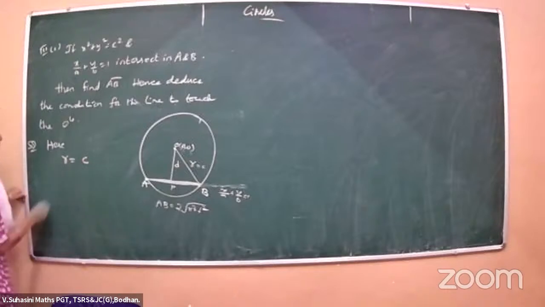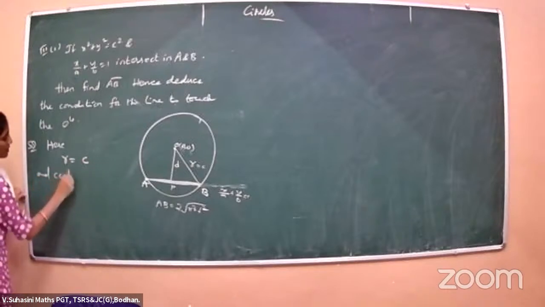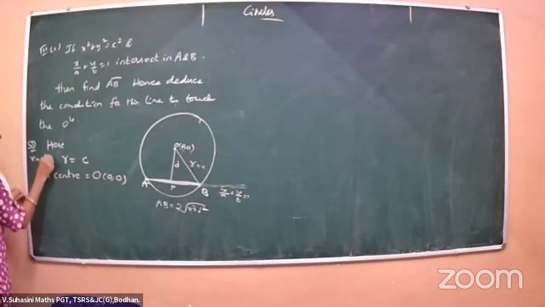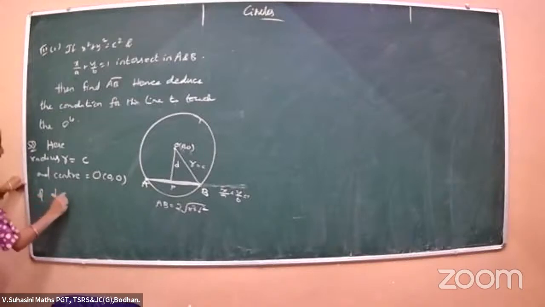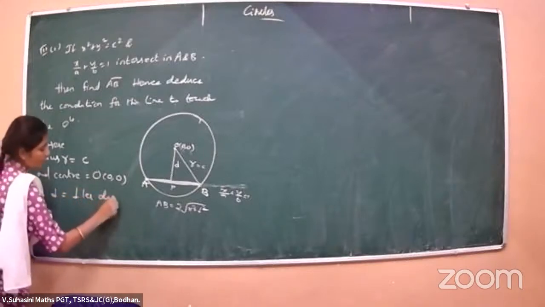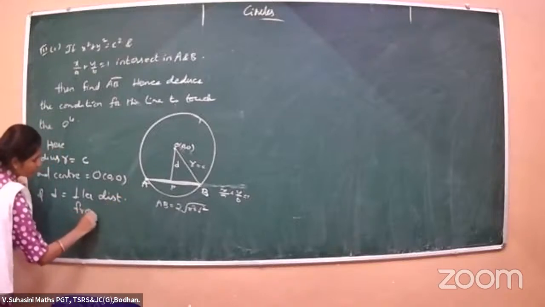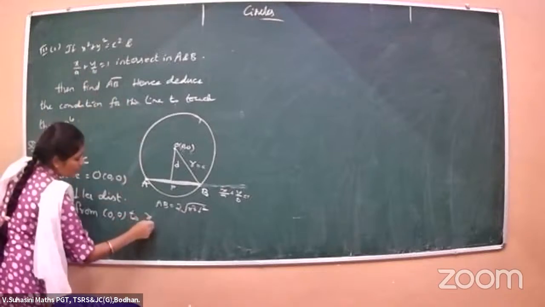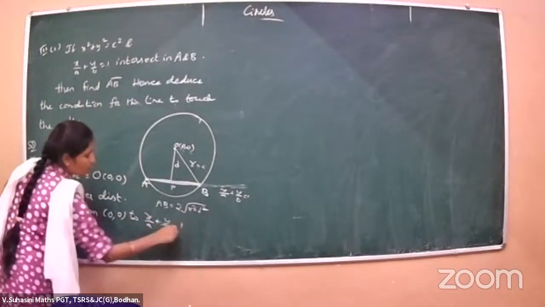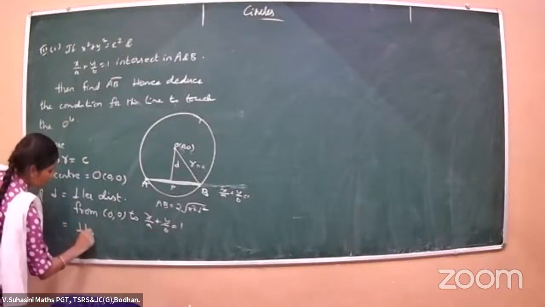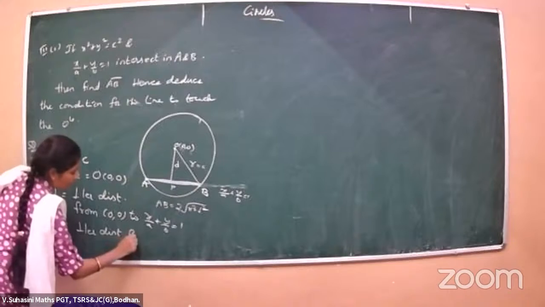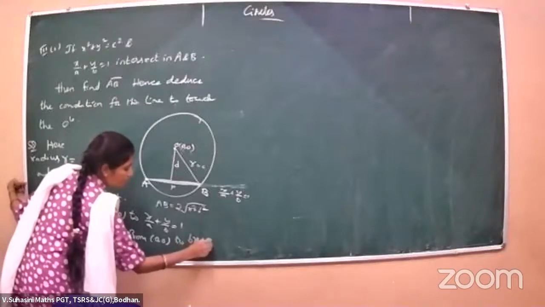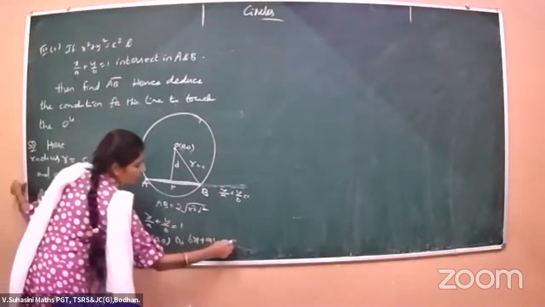Radius of the circle is c, and center of the circle is O, 0, 0, and then d is equal to the perpendicular distance from 0, 0 to the line. Which line? x by a plus y by b equal to 1. Or if you are getting confused, write it in the standard form: bx plus ay equal to ab.